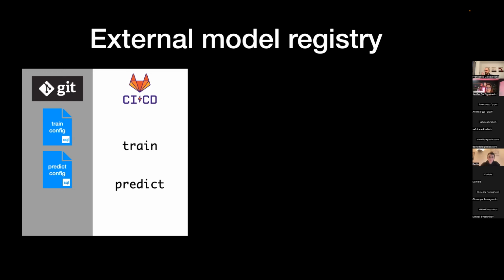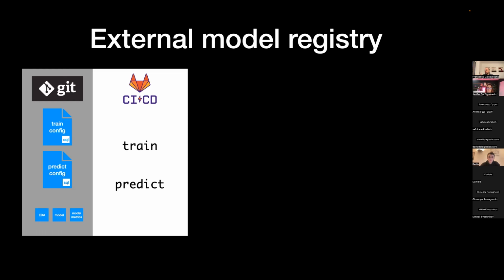Again, when I joined, there was a Git repository containing the input config. And the train and predict were part of the CI/CD pipelines of GitLab. That's the tool we use. And when this pipeline was running, we were getting this output, as already mentioned several times.